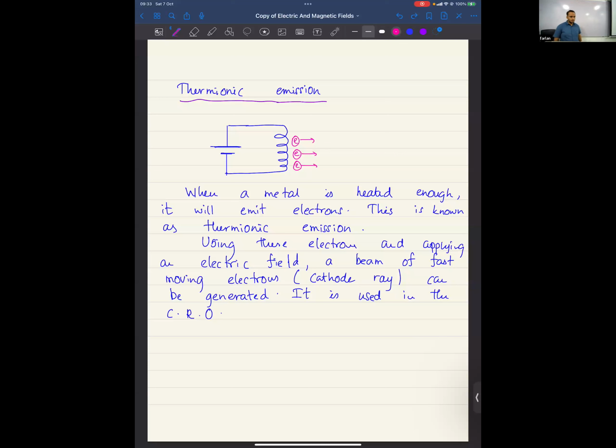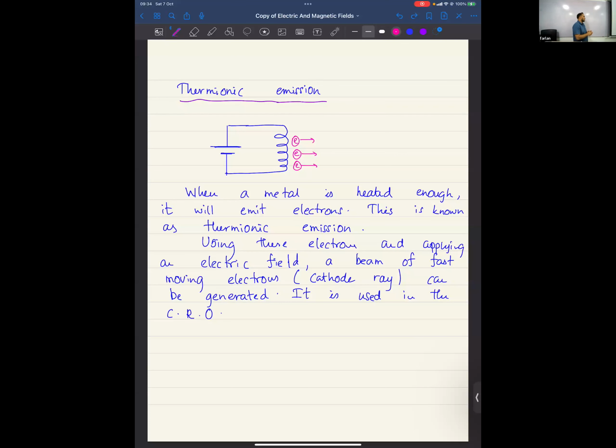Right below that: using these electrodes and applying an electric field, a beam of fast moving electrons, within brackets, cathode ray, can be generated.